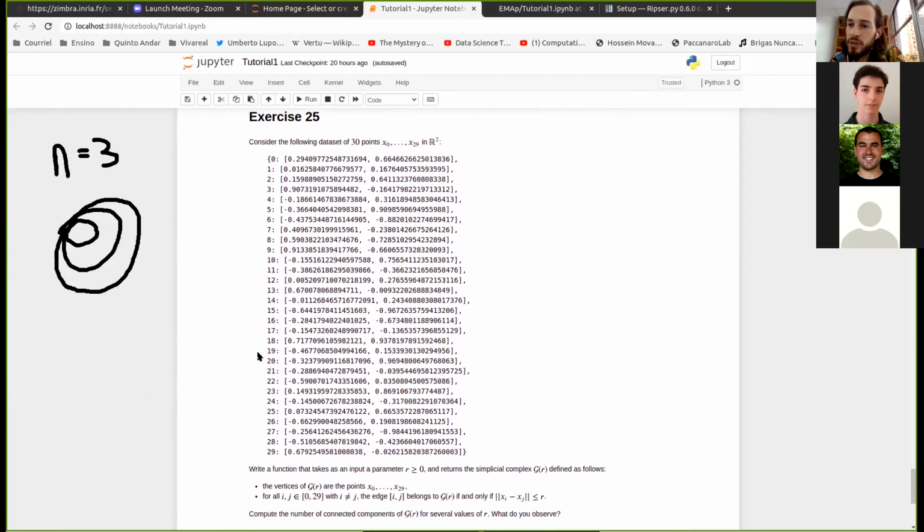So what I want you to do in this exercise is to compute this graph for several values of R and see how the invariants behave.